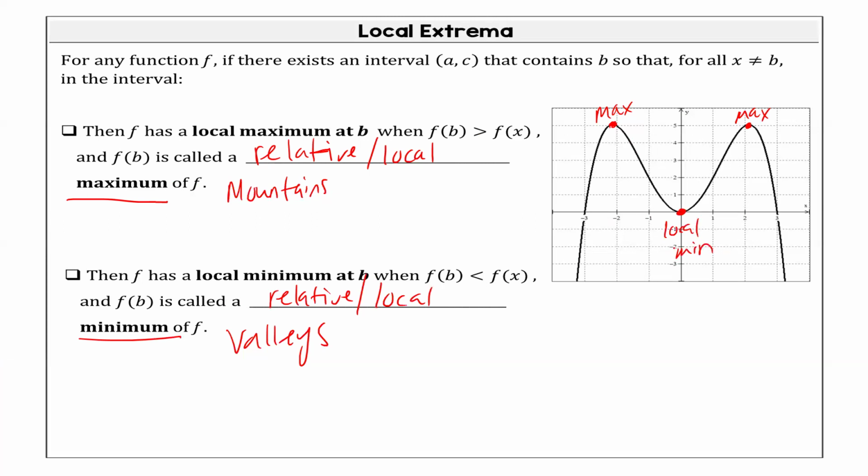Notice I specifically labeled this one as a local min, not an absolute, because the graph is going on infinitely. It's still going down. So this is a local min because things happen past the valley. These are absolute max because is there anything taking place past them? No, there isn't. Okay? How do we feel?